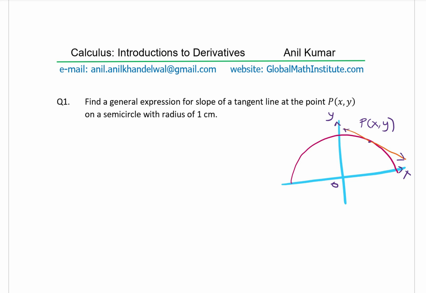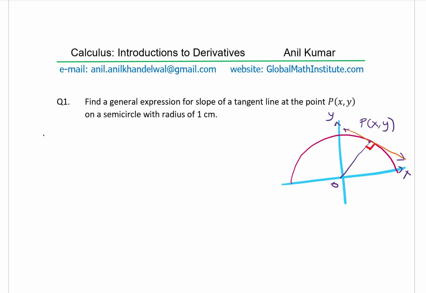means we need to find the slope first. Since it is a tangent, if I connect this to, let's say, the center, then the tangent and this radius OP will be at right angles. That is the concept.